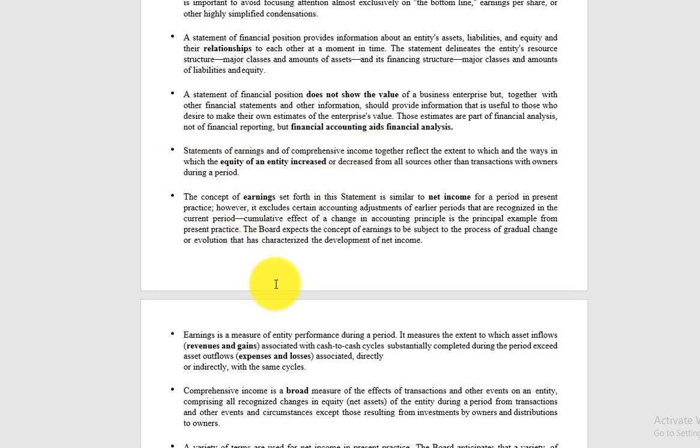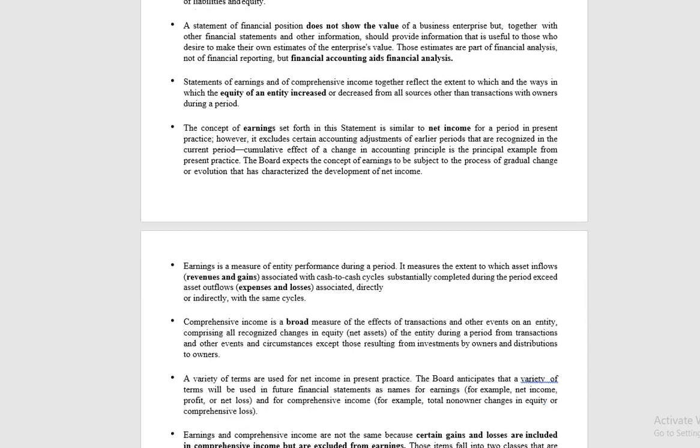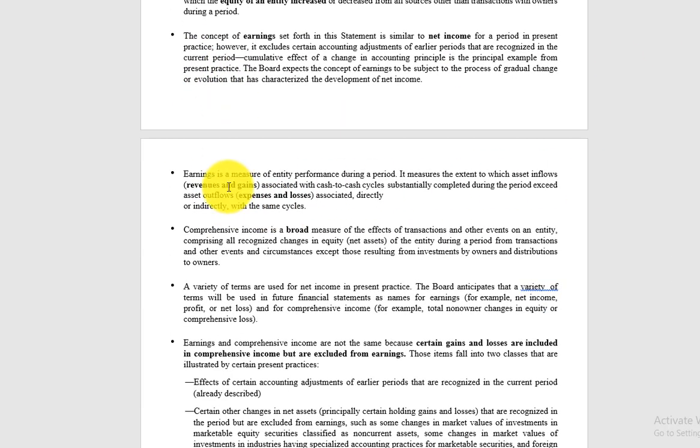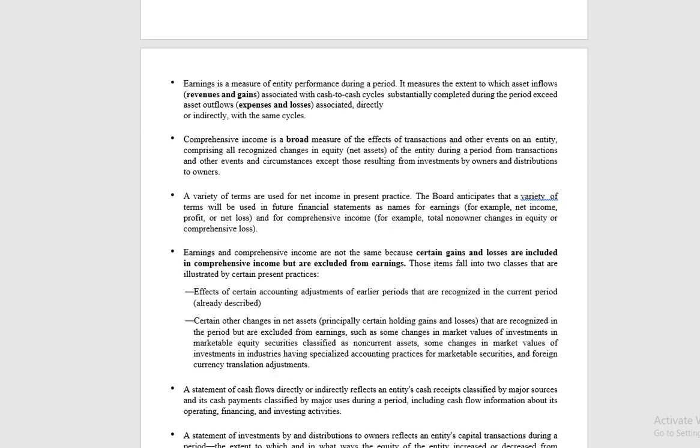Comprehensive income is defined here, how the income statement should work out: earnings, the differentiation between revenues and gains and expenses and losses. Expenses and losses subtract from owners' equity, revenues and gains add to it. Comprehensive income is a very broad measure. These are general ideas, and that's why we're going to have this statement of comprehensive income.